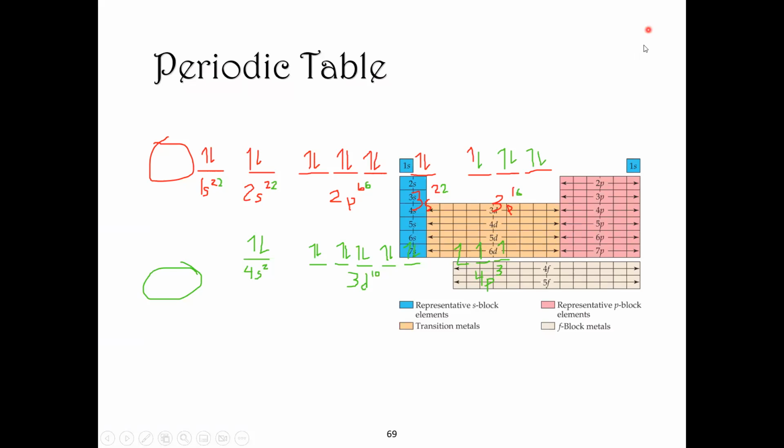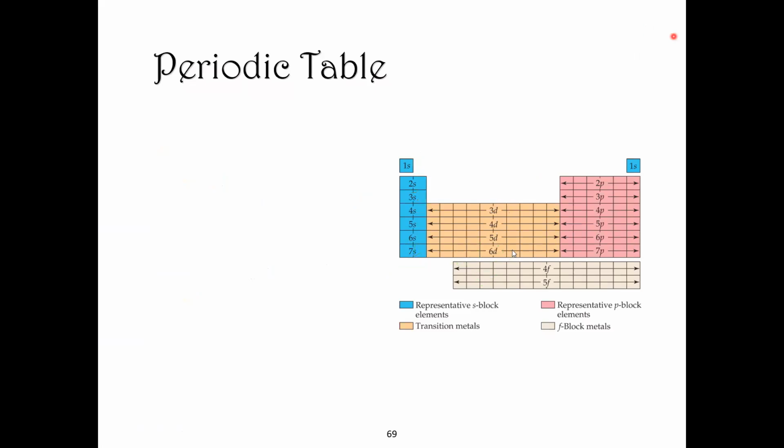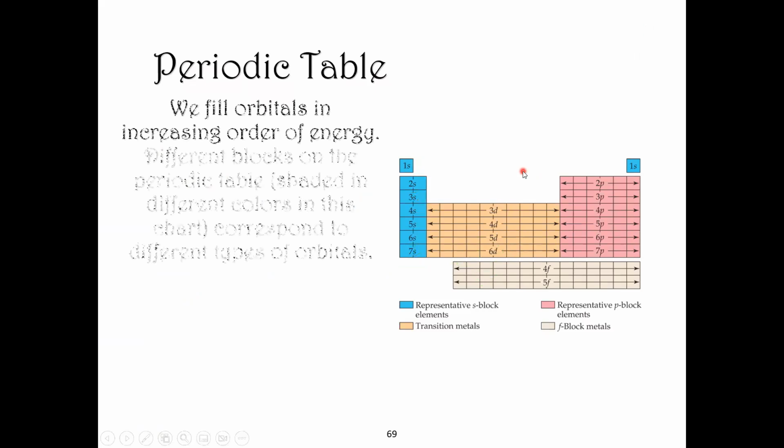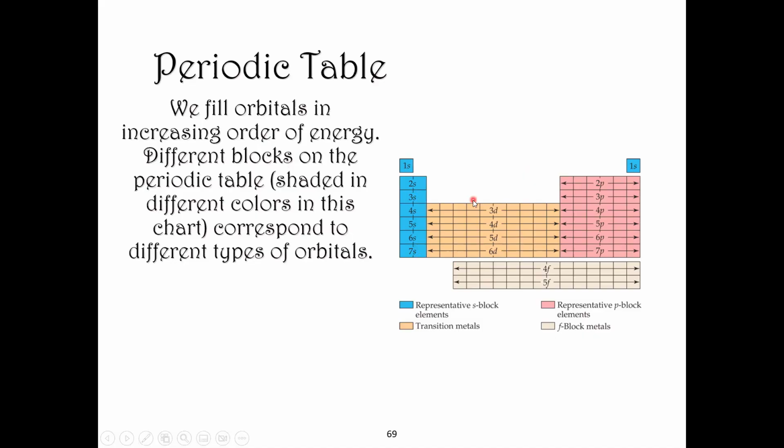All right. But like I said, we can use the periodic table itself as a guide because we've got natural divisions in the periodic table. So we can see where these different blocks are going to be. And I'm referring to them as blocks because we've got the S block, the P block, the F block.